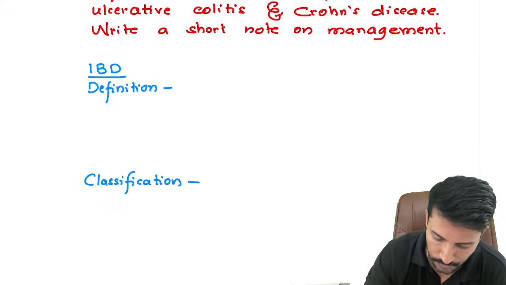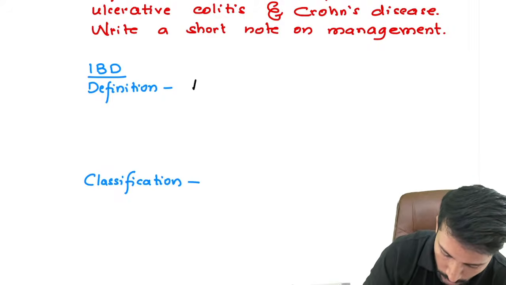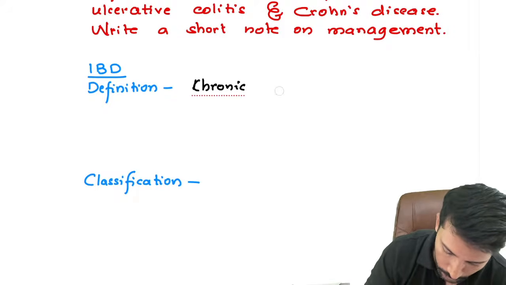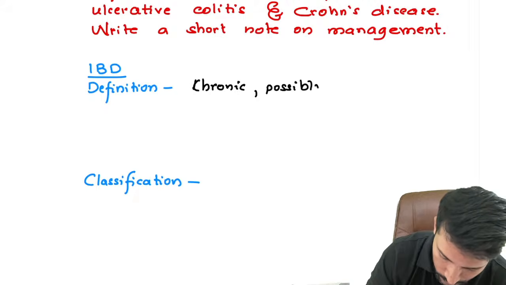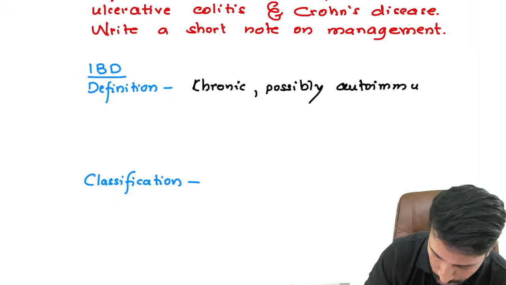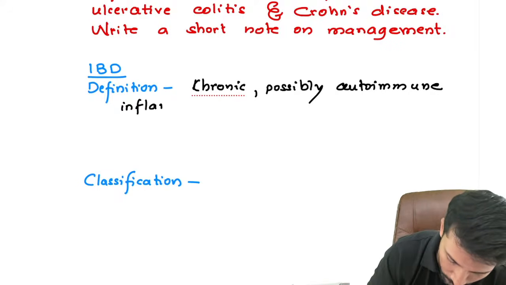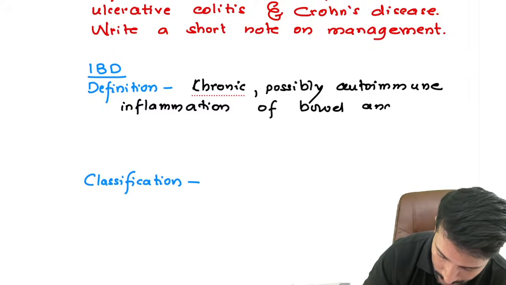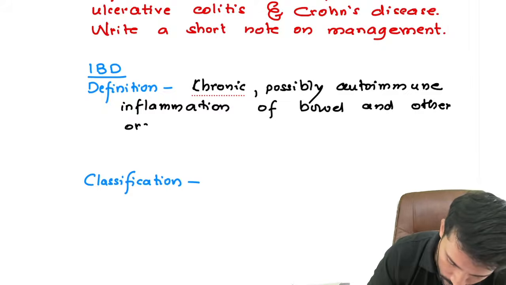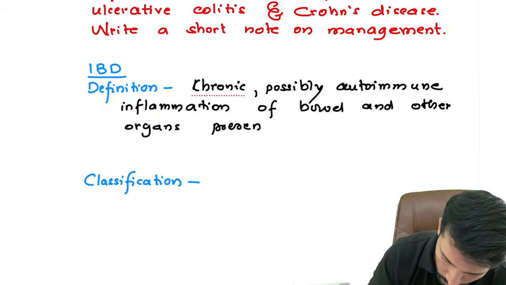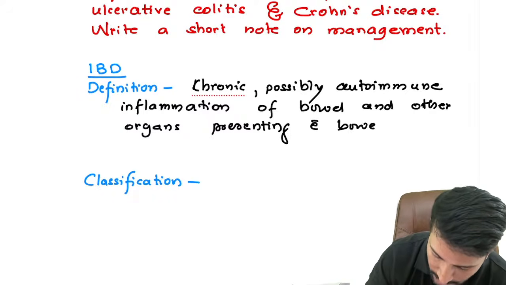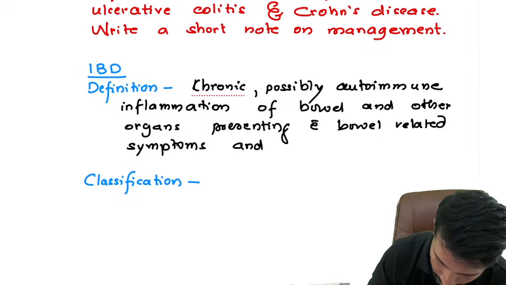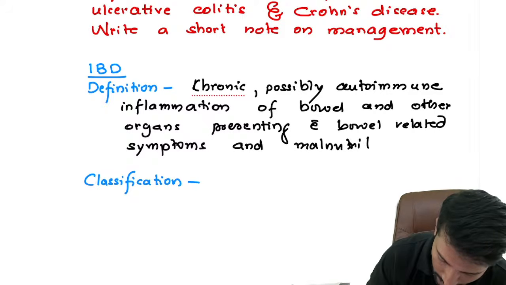So we will define it as a chronic, possibly autoimmune inflammation of bowel and other organs presenting with bowel related symptoms and malnutrition.